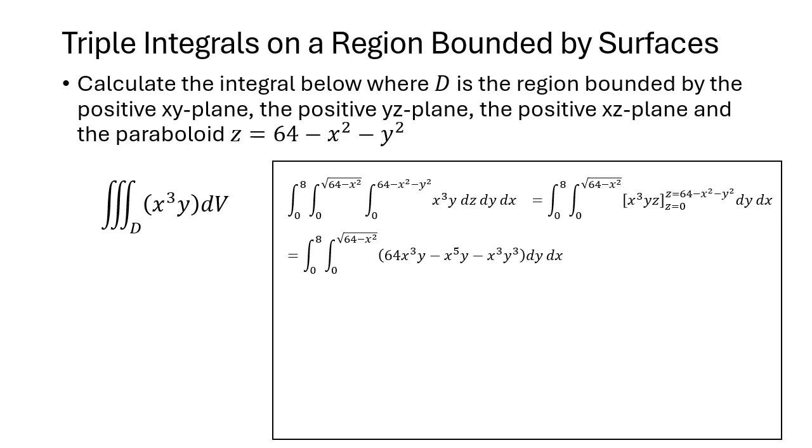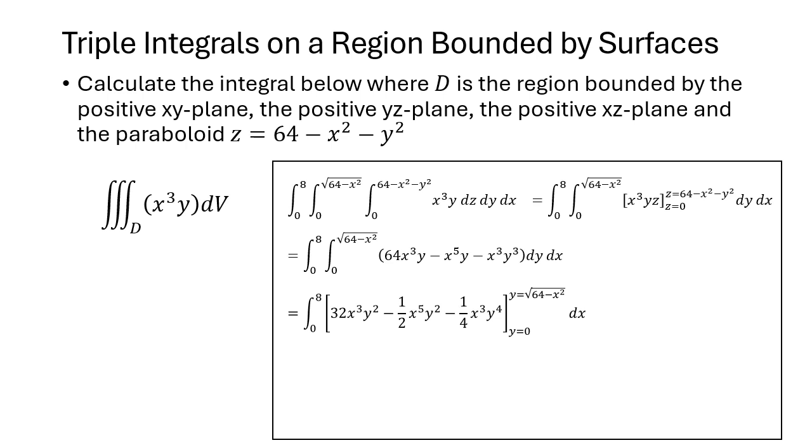We then take an antiderivative with respect to y, since dy is next, which results in 32x cubed y squared minus 1/2 x to the 5th y squared minus 1/4 x cubed y to the 4th, evaluated from y equals 0 to y equals square root 64 minus x squared.